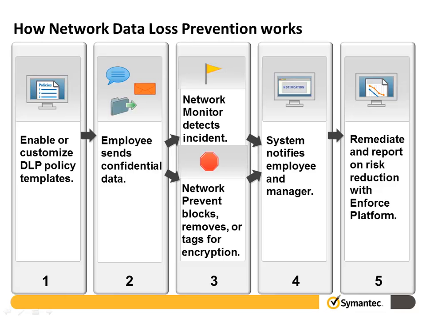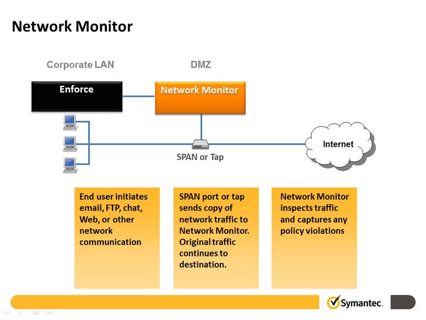Here we see an example of a Network Monitor deployment. So the Enforce server resides within our corporate LAN. We will normally deploy the Network Monitor server close to the outbound edge of our network, typically in the DMZ, and as we know, we integrate to the network via a SPAN port or test access port or network tap.